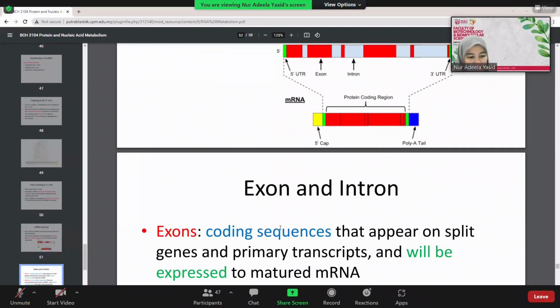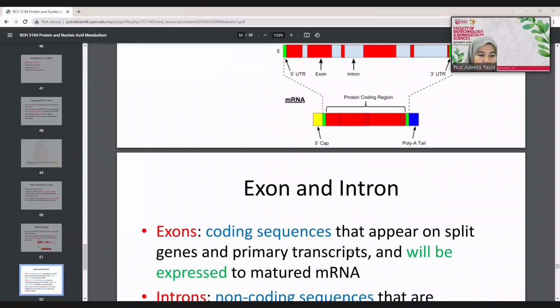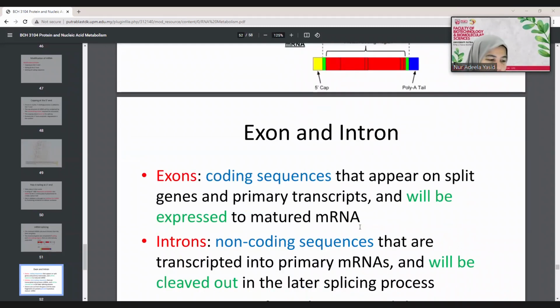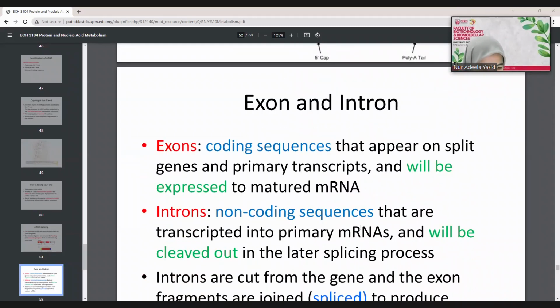Exons are coding sequences that appear on genes and the primary transcript and will be expressed in the mature mRNA. So basically exons are the coding regions, the sequences that you want to be expressed in a mature mRNA. Introns are the non-coding sequences that are transcribed into primary mRNAs and will be cleaved out in the later splicing process.